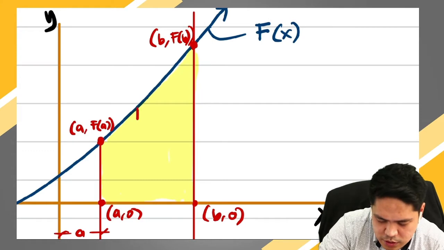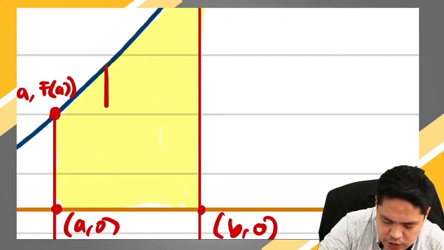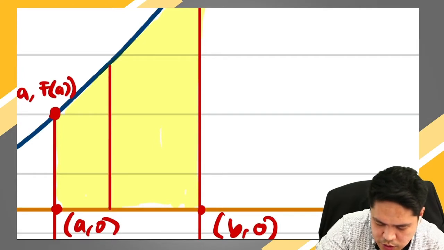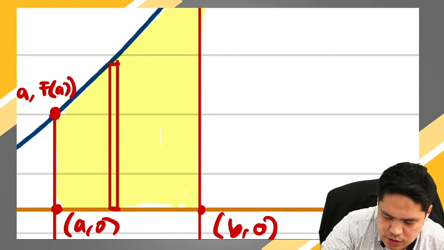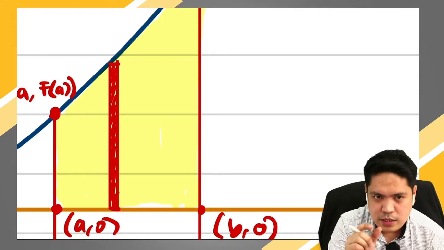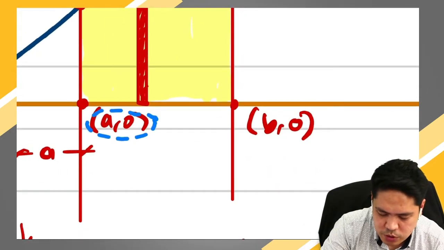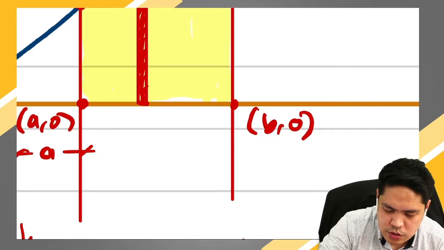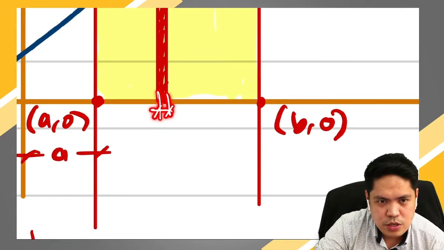Let's say this vertical strip, and this strip is so thin. Because this strip is so thin, its thickness is almost zero or approaches zero. Right? So that means this thickness is too small that it approaches zero.